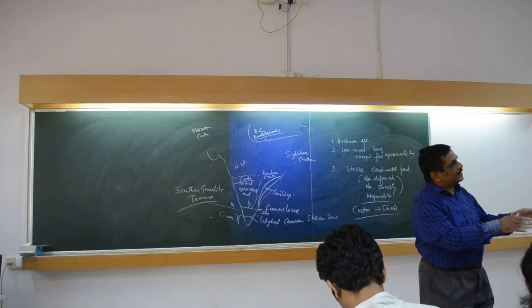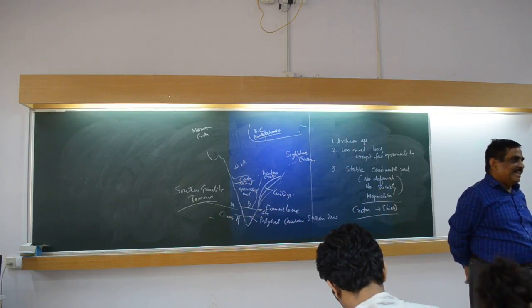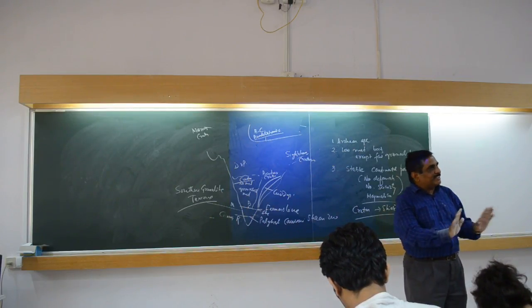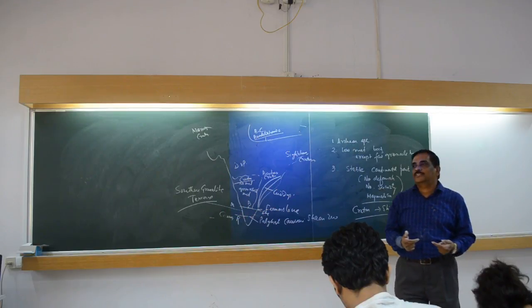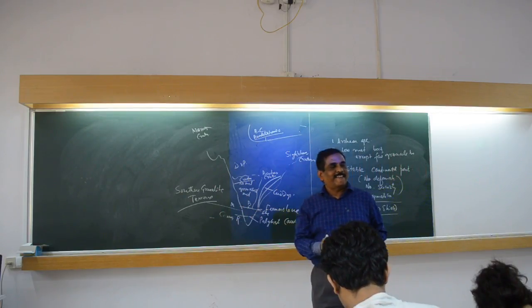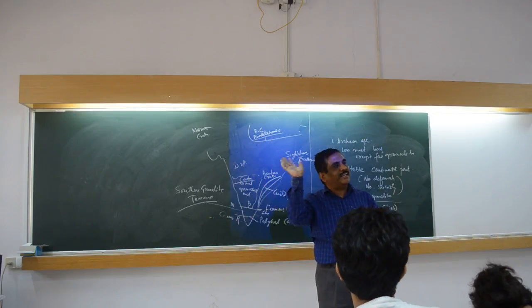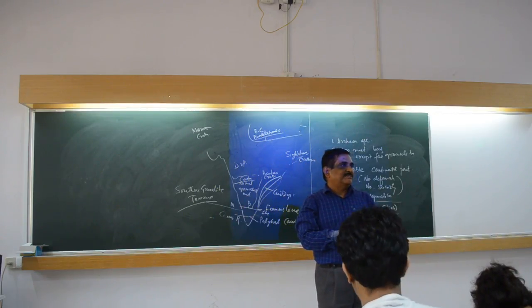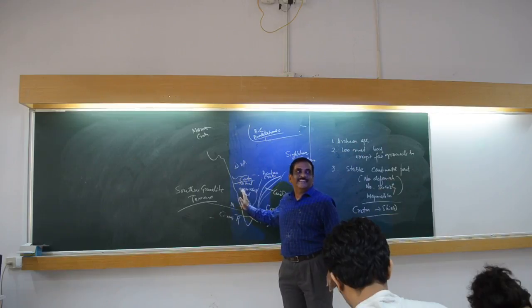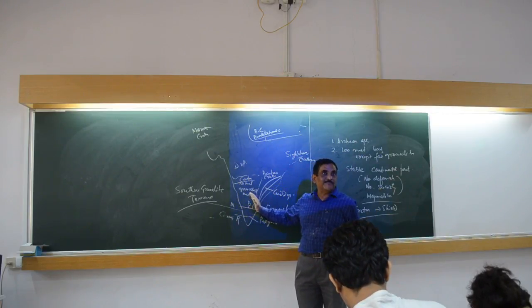Himalaya is a mobile belt, you can see its mobility now. Aravalli is also a mobile belt, you cannot see its mobility, but it was mobile once upon a time. Understood now? So craton, that mobility was not there. So what was there then? How was it formed?